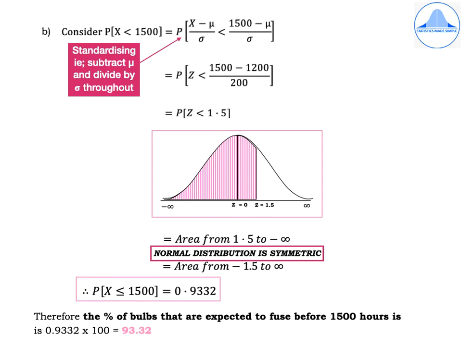Therefore, probability of x less than or equal to 1500 is 0.9332. And then write the sentence, therefore, the percentage of bulbs that are expected to fuse before 1500 hours is 0.9332 into 100. Here the percentage is asked, that's why we multiply by 100, which is equal to 93.32.